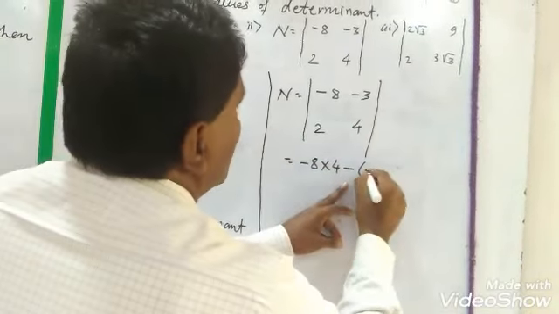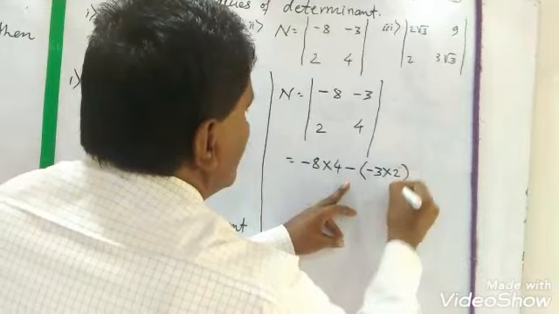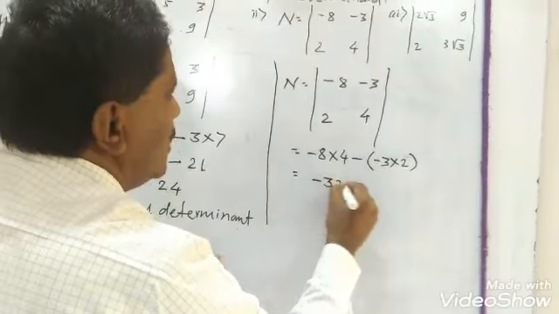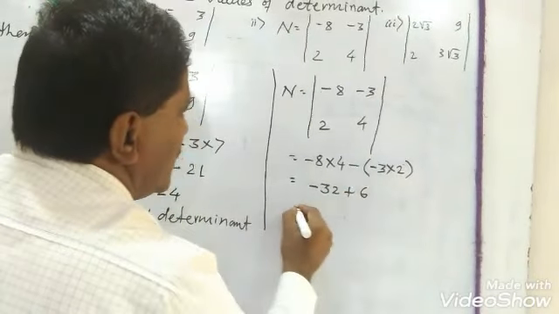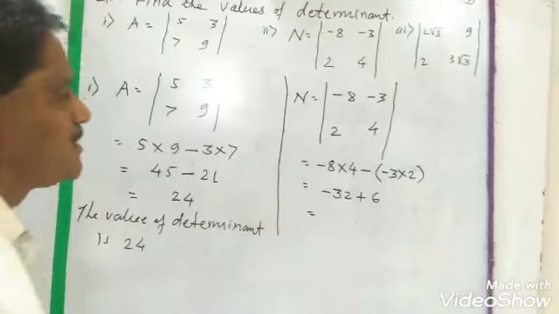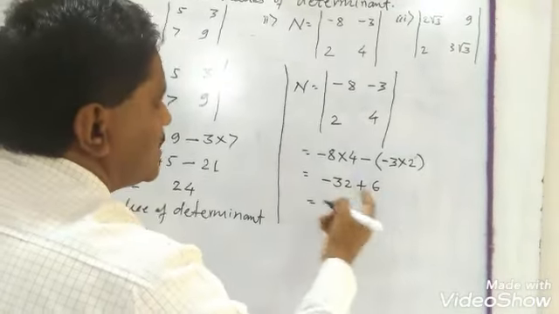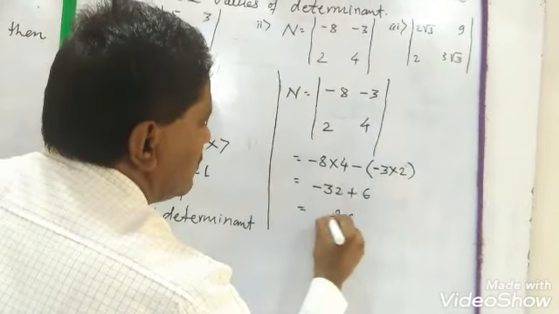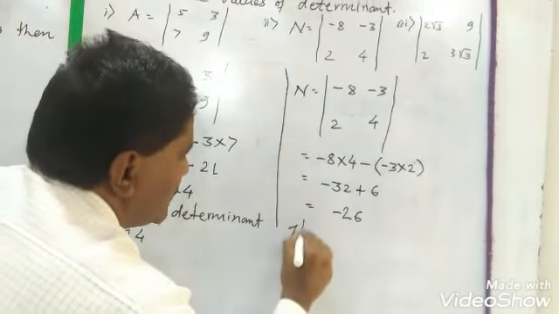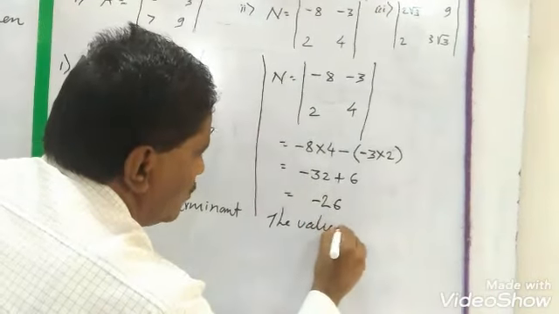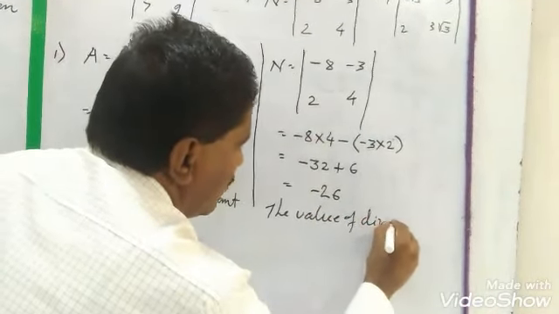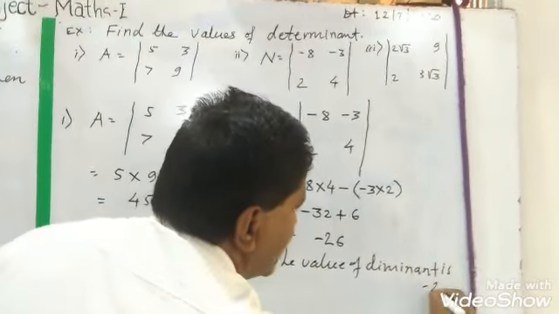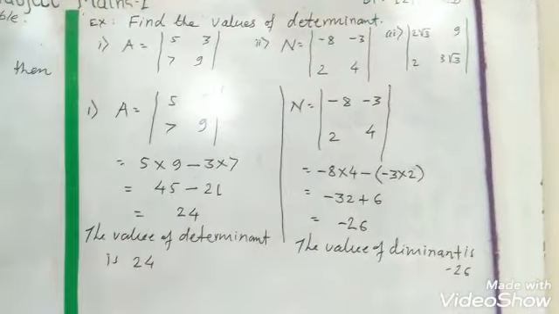So therefore -8 multiplied by 4 is -32, minus minus 6, that is -32 plus 6, that is -26. So therefore the value of determinant is -26.